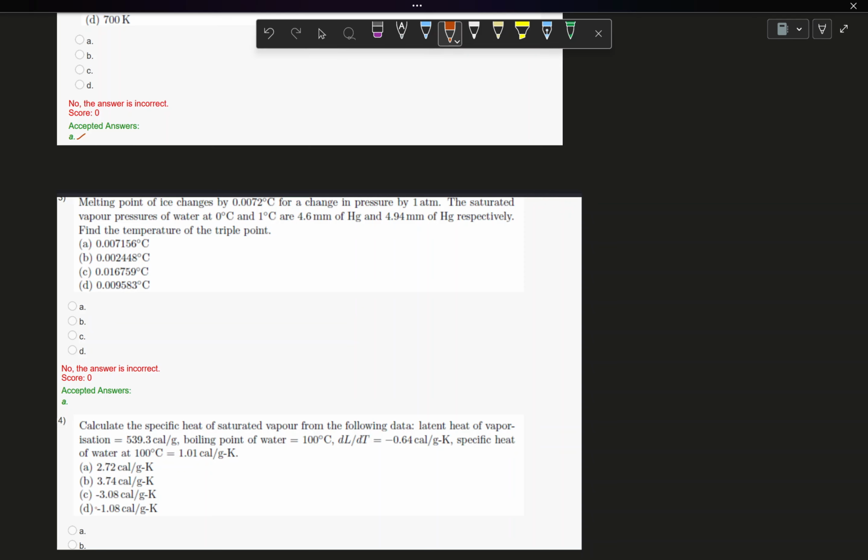Then you have to find the temperature of the triple point, right? So we have to figure out how to solve this and get the triple point temperature value.